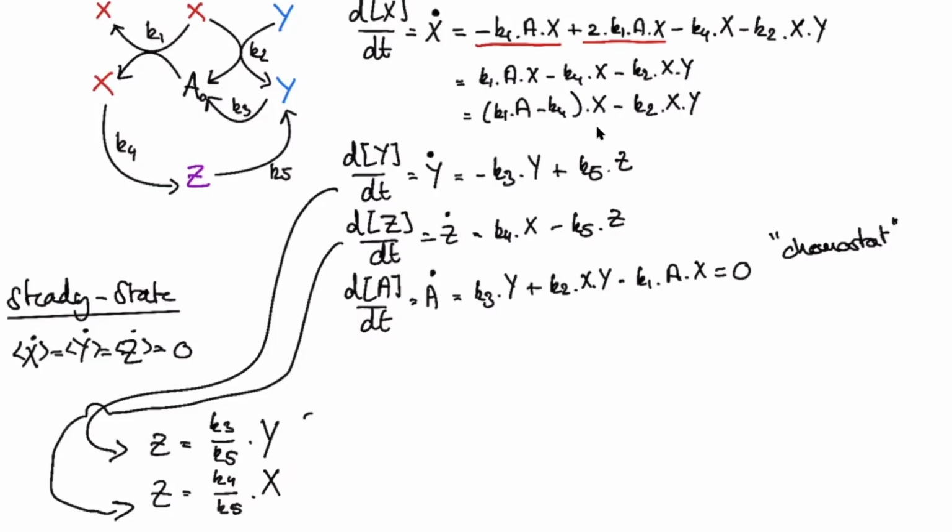Okay, so from these two, we're going to say Y equals K5 over K3 times K4 over K5 times X. So that is K4 over K3 times X.